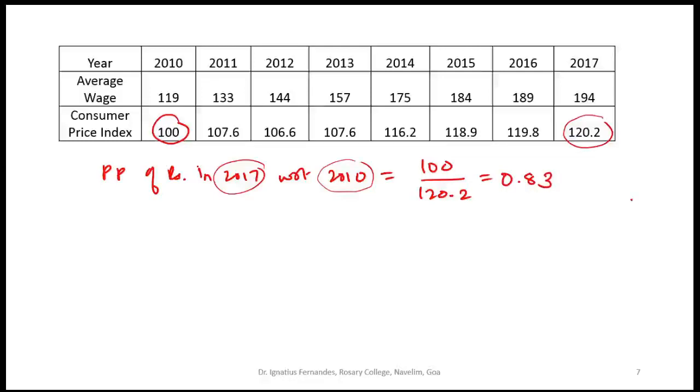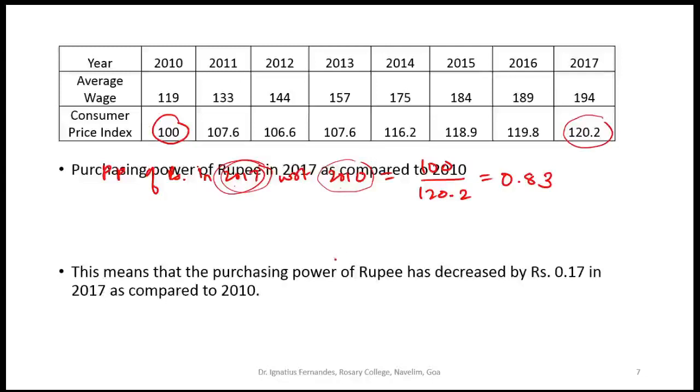Now what this means is, in comparison of 2010 and 2017, whatever used to cost me 0.83 rupees, which is 83 paise, in 2010, the same thing is costing me rupees 1 in 2017. In other words, the purchasing power of rupee has decreased by 0.17. If we compare this with 100%, or say rupees 1, now the current purchasing power is 0.83, so it has decreased by 0.17 or 17 paise.